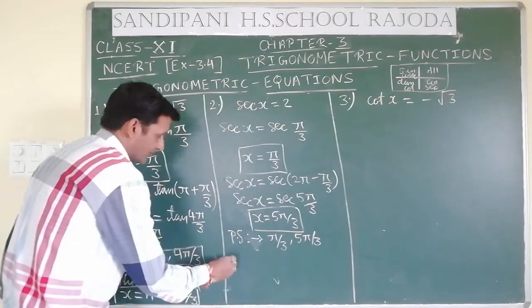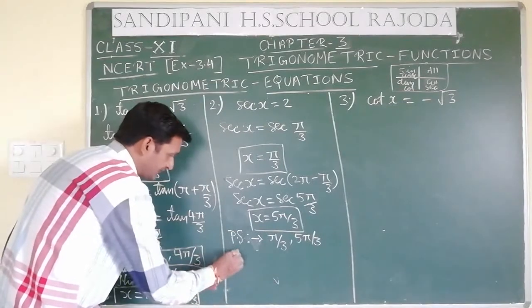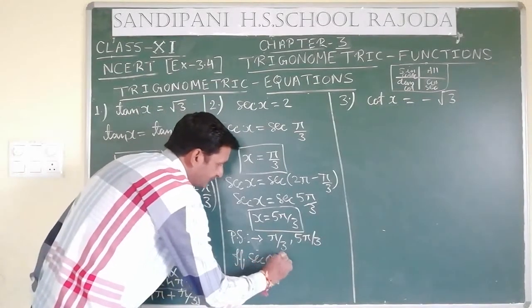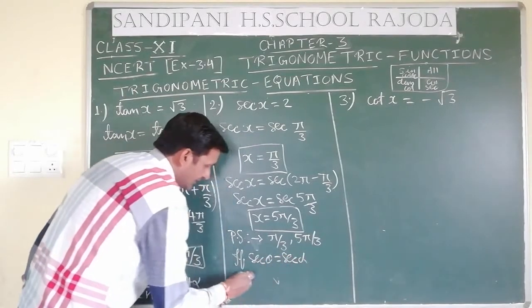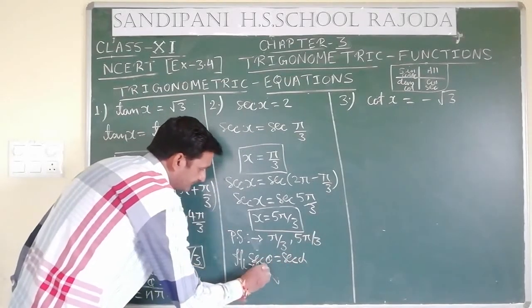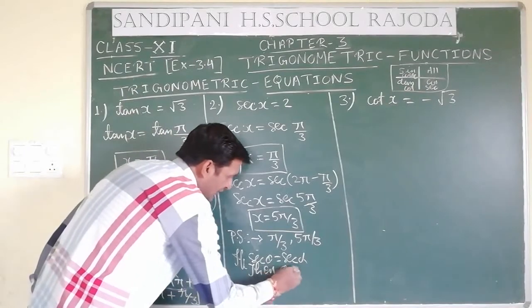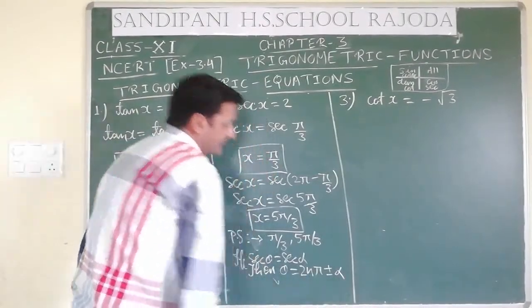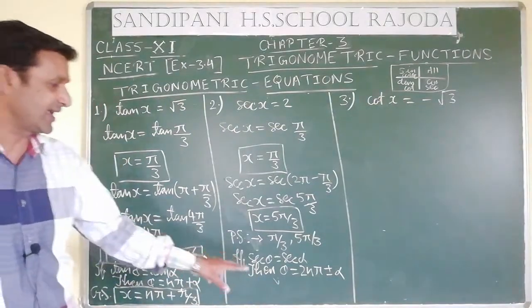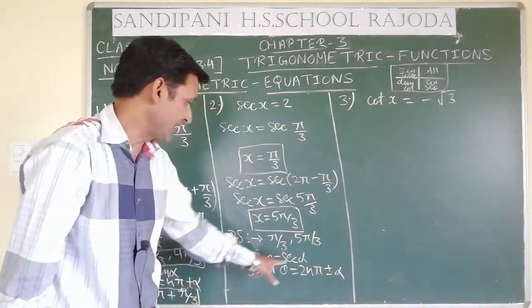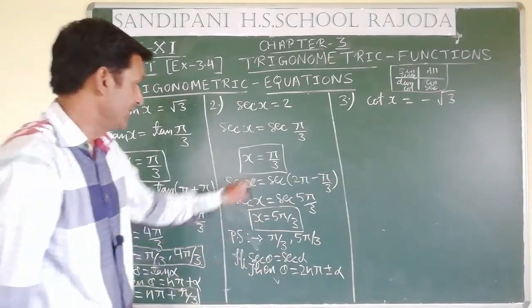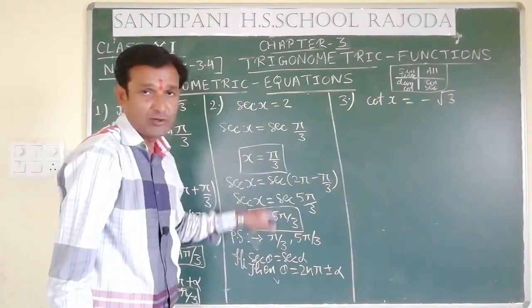For the general solution, what happens? If sec theta is equal to sec alpha, then theta is equal to 2n pi plus minus alpha. That I have told you, for cos and sec the formula is the same. So if sec theta is equal to sec alpha, then theta is equal to 2n pi plus minus alpha. In place of alpha you may write this or this value.